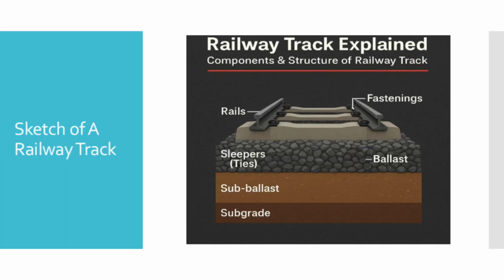These sleepers are made up of concrete. We have seen these cement concrete sleepers wherever we travel, right? Before that, wooden sleepers were used beneath these rails, but they used to get rotten. So nowadays, concrete sleepers are incorporated.